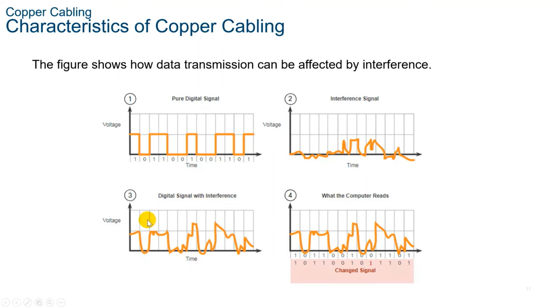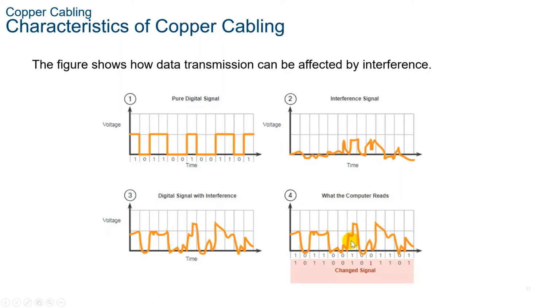In the third diagram, the digital signal is corrupted by an interference signal. In the fourth, the receiving computer reads a changed signal. Notice the 0 bit is now interpreted as 1 because you have the distorted signal.